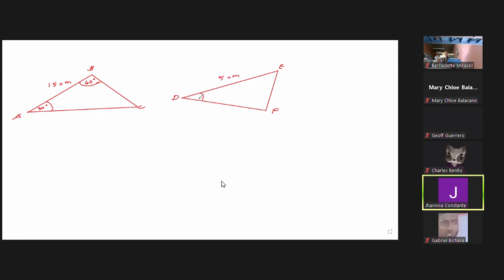Angle D measures 10 degrees. And angle E measures 20 degrees.